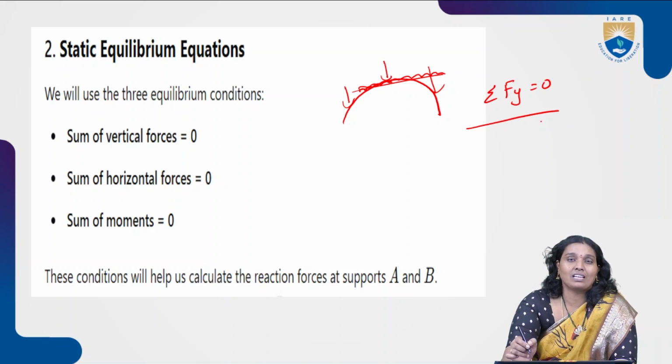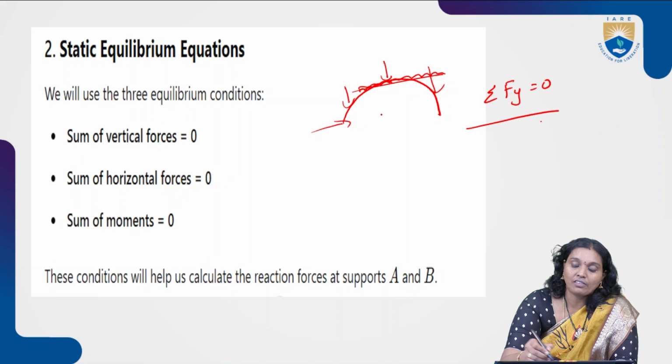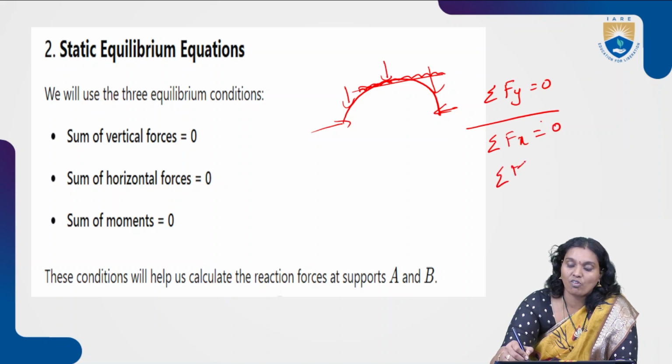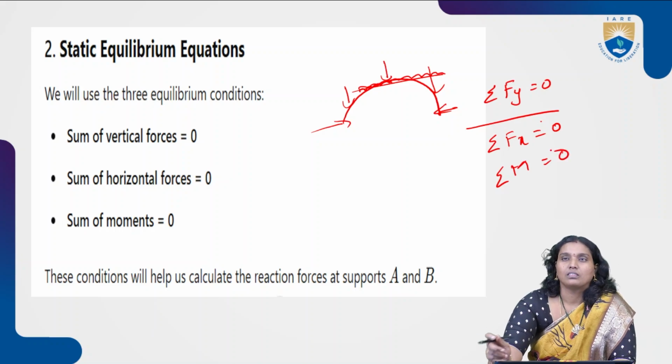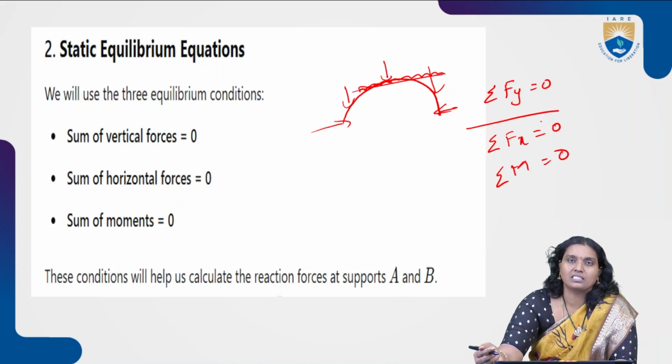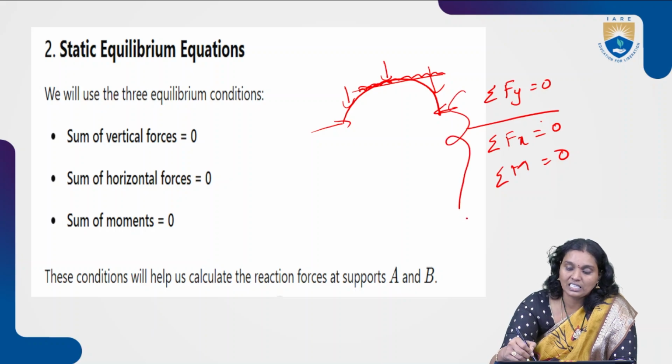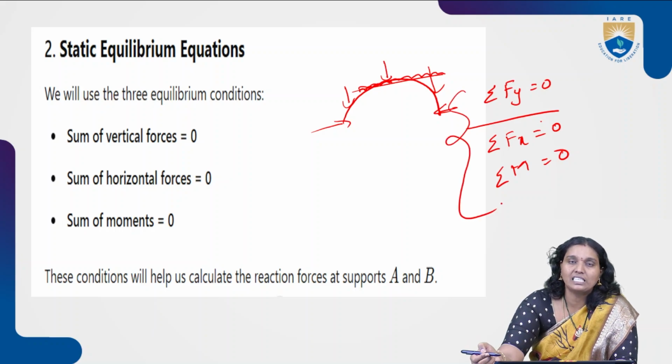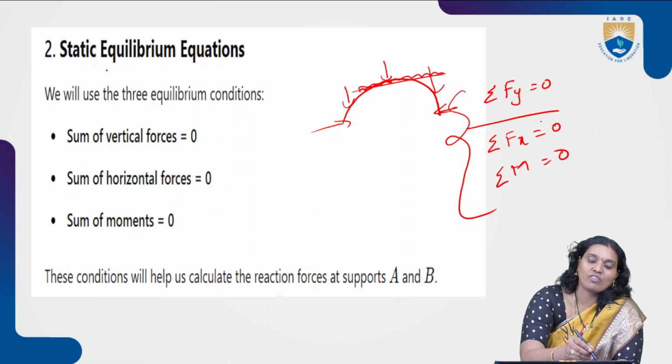Similarly, for the horizontal forces involved in any kind of arch, the total sum of the horizontal forces is equal to 0, and the sum of the moments is equal to 0. These are the conditions we consider for static equilibrium.